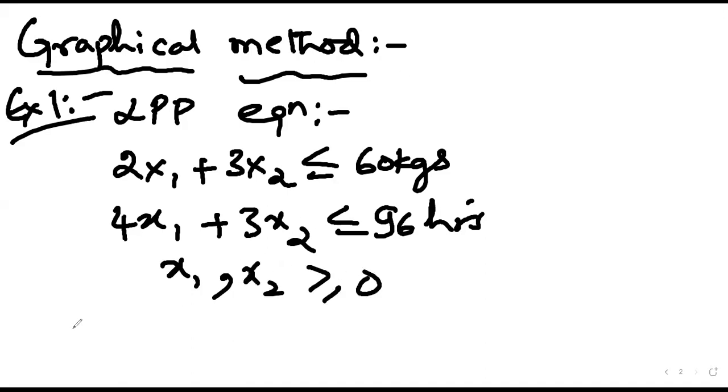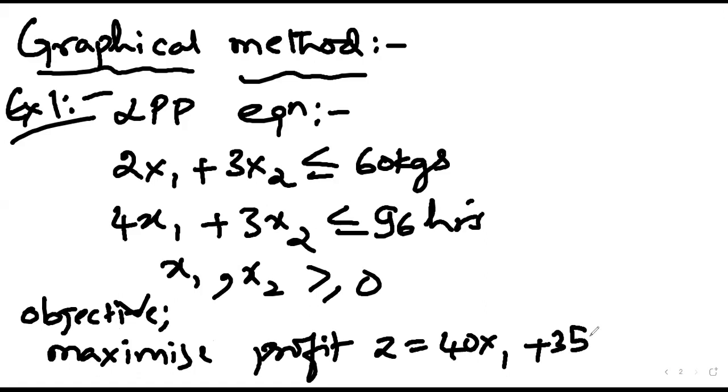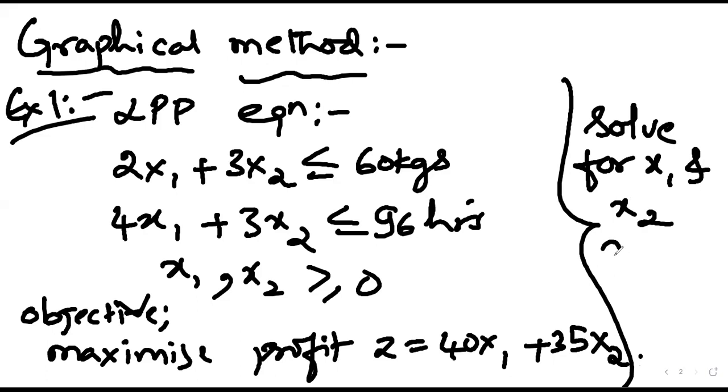And one more, the objective equation: maximize profit, 40x1 plus 35x2. Just write down these equations. Solve for x1 and x2 graphically.